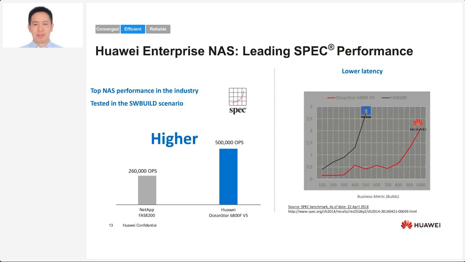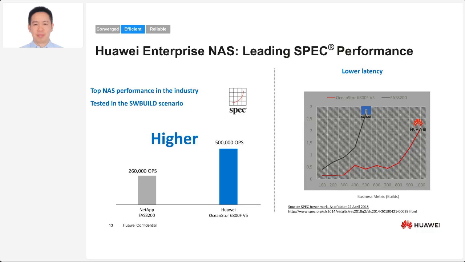As we mentioned, the media disk is very important to meet the critical performance in the industry. Also, we have the SPEC performance indication to show why we have lower latency. You could see from other vendors the NAS performance in the industry, tested by the SW build scenario.